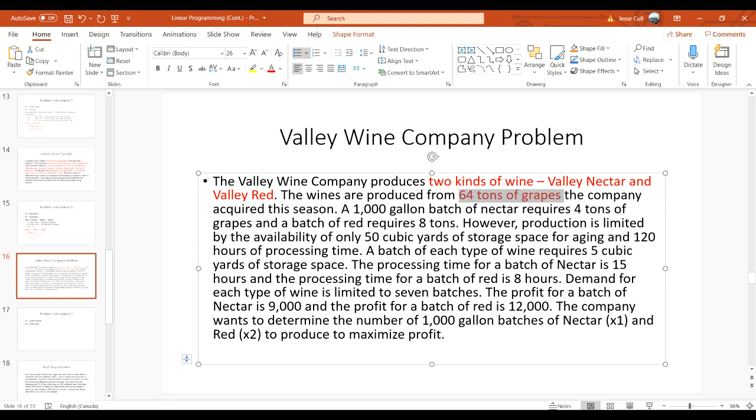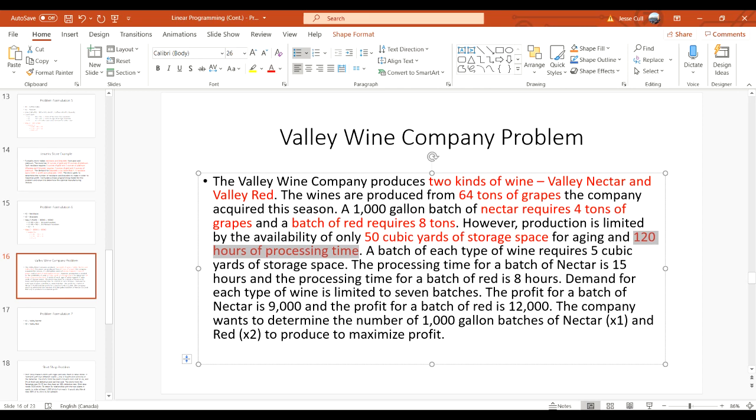A batch of nectar is 4 tons of grapes. A batch of red is 8 tons. So we have our first constraint essentially. Production is limited by the availability of only 50 cubic yards of storage space, another limitation, and 120 hours of processing time, a third limitation. So we know already we're going to have 3 constraints.